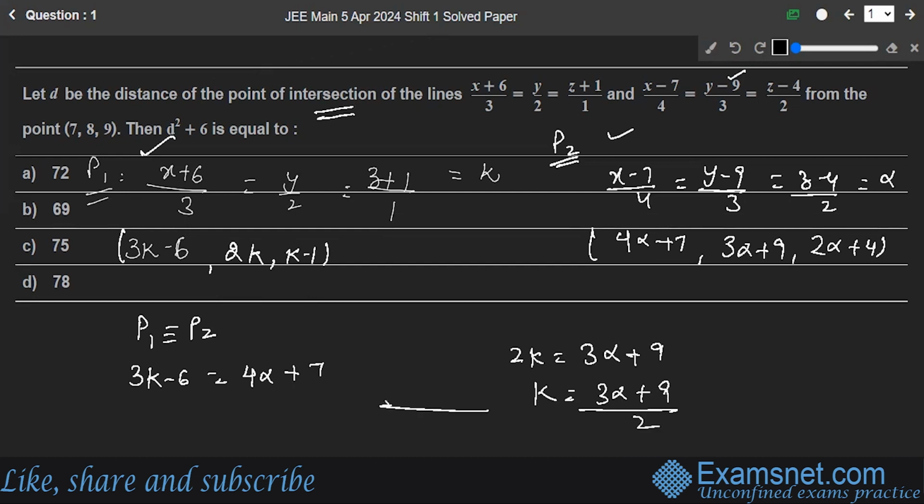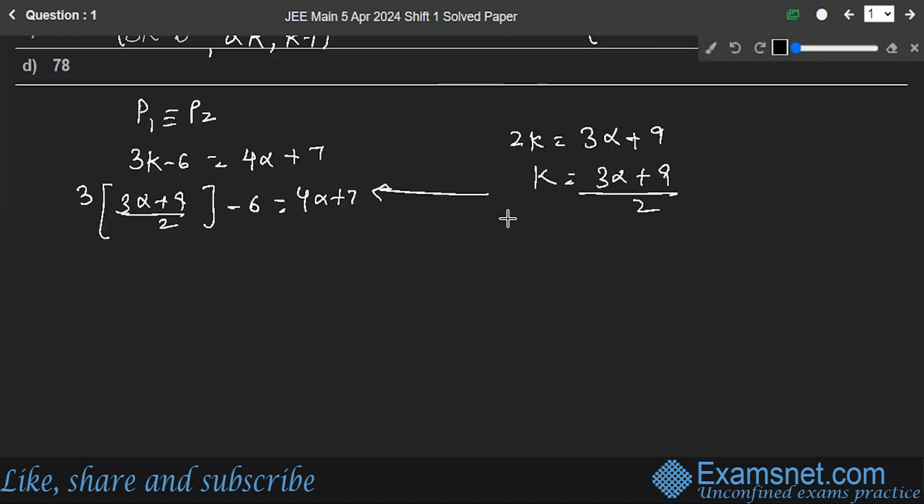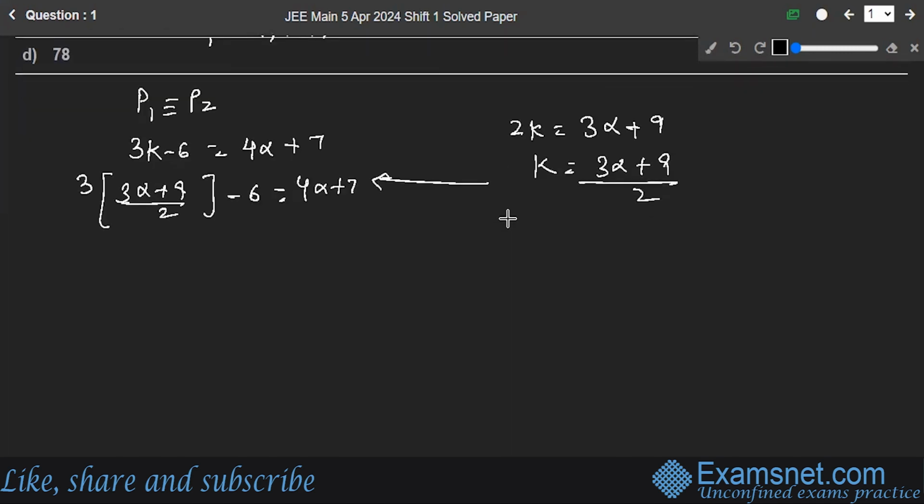Let's fill this in. So you have 3 alpha plus 9 upon 2 minus 6 equals 4 alpha plus 7. This will be 9 alpha plus 27 minus 12 upon 2 is equal to 4 alpha plus 7, or 9 alpha plus 27 minus 12.